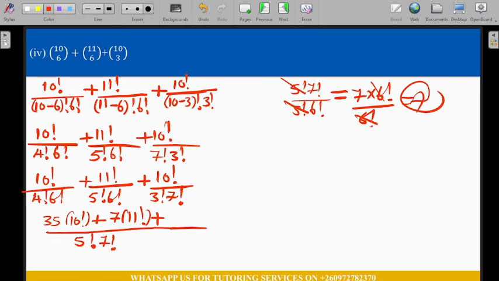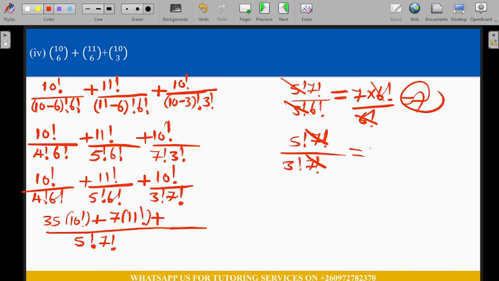Then for the last part, we do the same. So it will be 5 factorial 7 factorial over 3 factorial 7 factorial. So now here we can see 7 factorial and 7 factorial cancel.